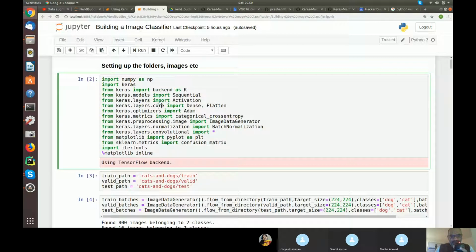In terms of kinds of layers, we're using dense and flatten, where dense means all the nodes are connected to each other, and flatten is used after a convolutional layer. And then for optimizers, we are using Adam.